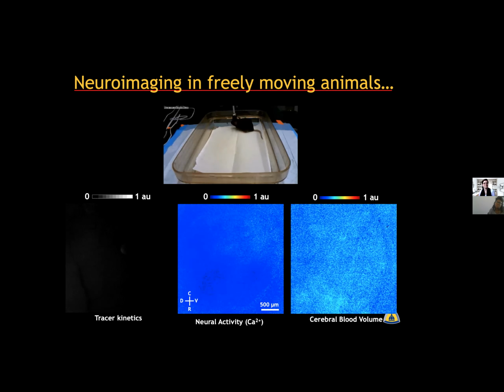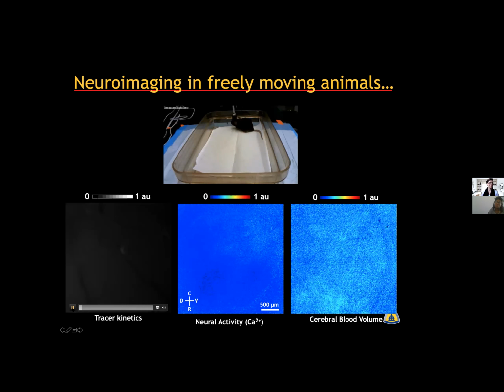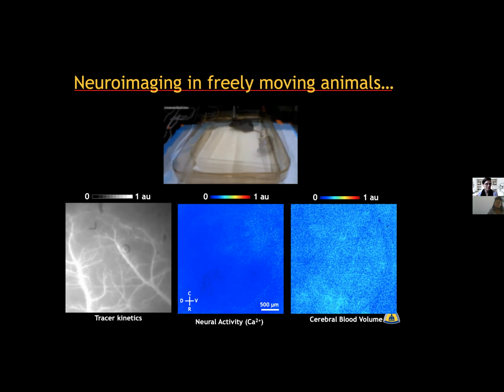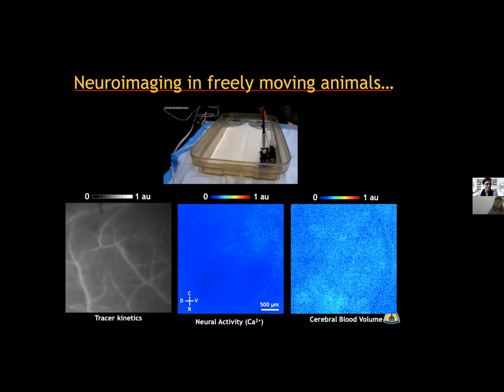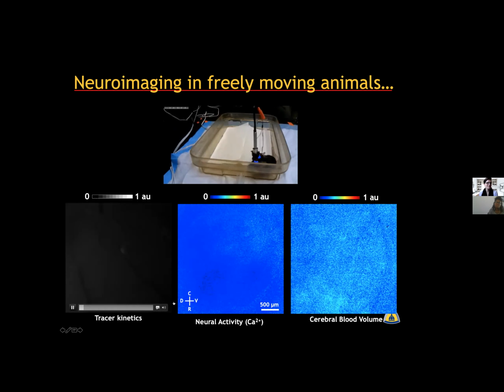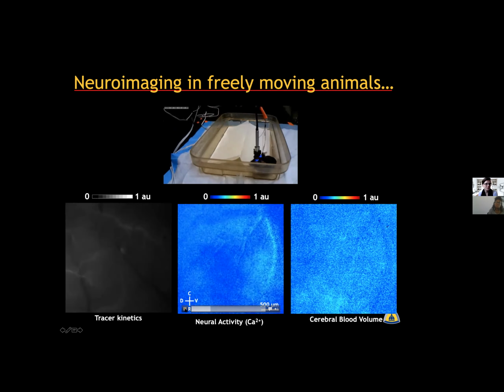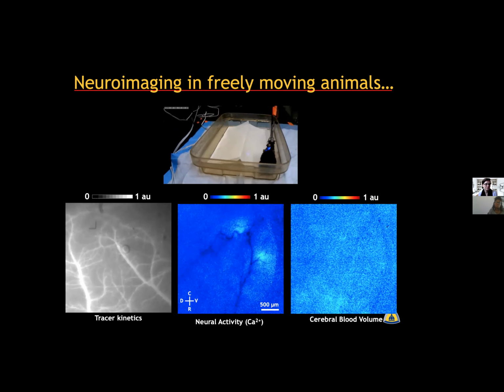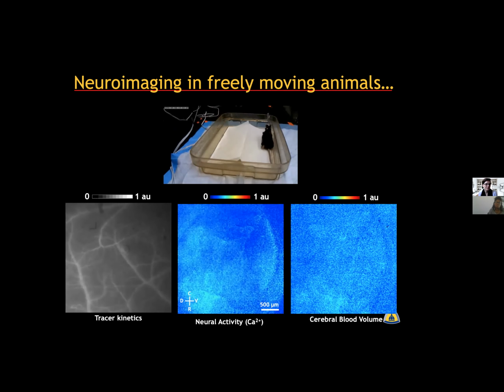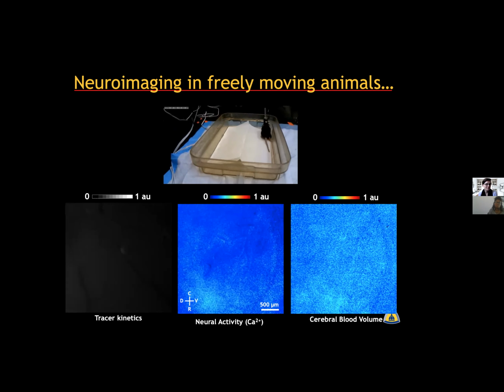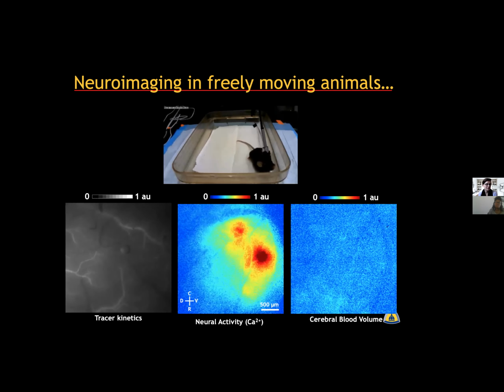So the first movie, let me see if I can get this to play, shows you the transit of a fluorescent tracer through the field of view. So you can see the arteries light up, then the veins, as the tracer transits that vascular bed. The next shows how neurons light up when the animal is presented with a tone. So you see this flash of neurons, averaged over multiple trials. Every time the animal is presented with a tone, you can actually see the neurons fire in that part of the auditory cortex.